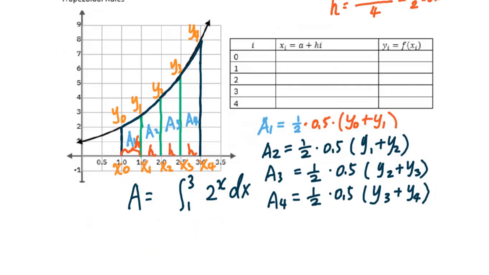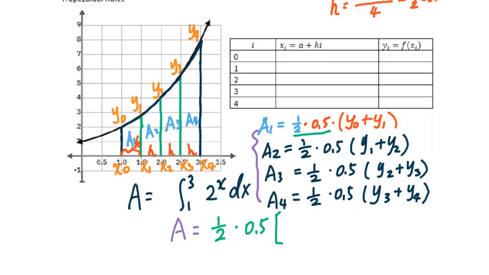Use the same way, you will get A2, A3, A4. Therefore, for the area, we add these together. Since for each expression we have 1/2 times 0.5, we do the 1/2 times 0.5.